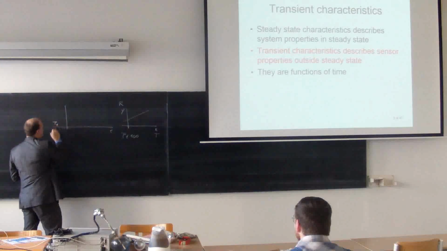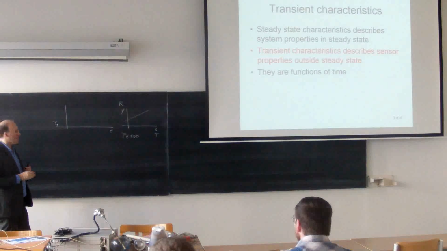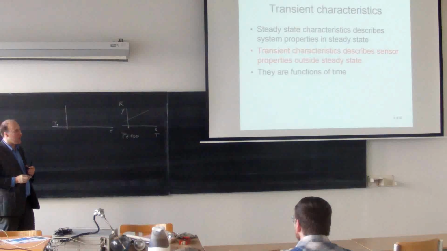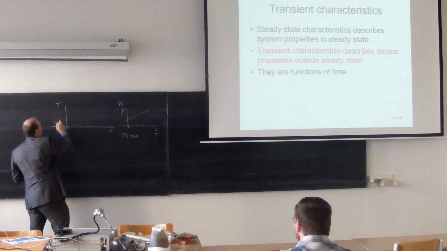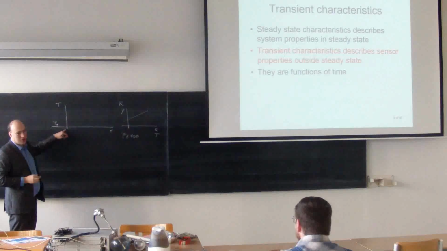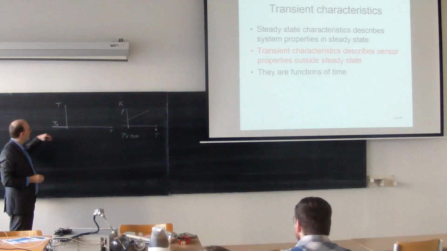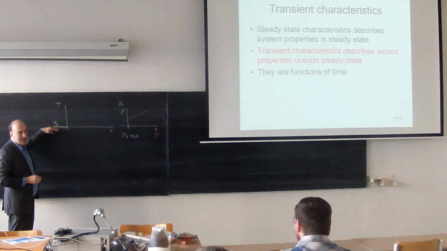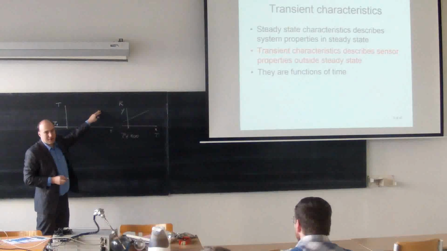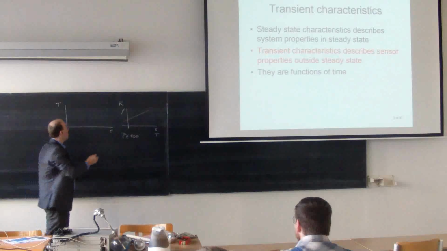We have a steady state, temperature T1, and I know this temperature is constant. I will change the temperature somehow. For example, I will have this sensor placed in a tank with cold water, and here I will have a different tank with a different water temperature.